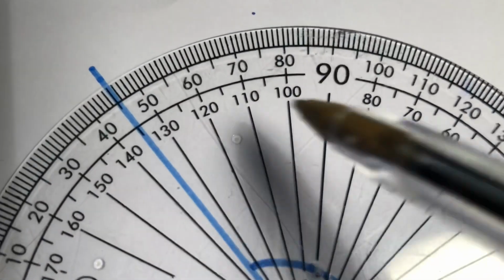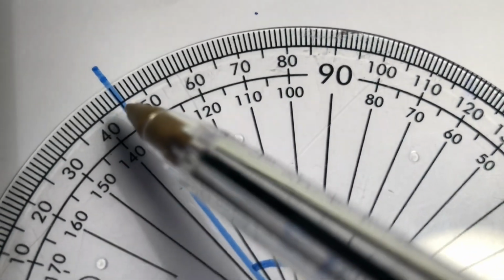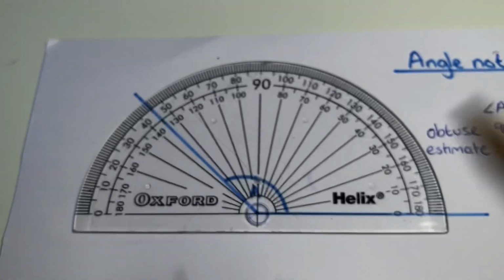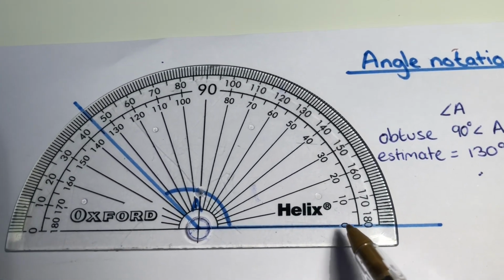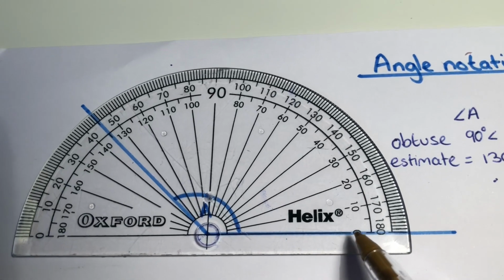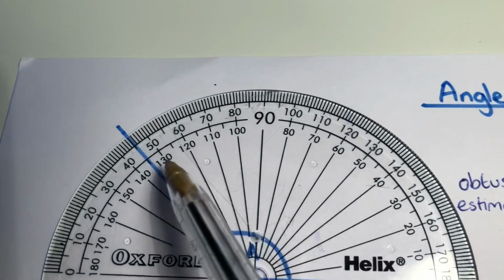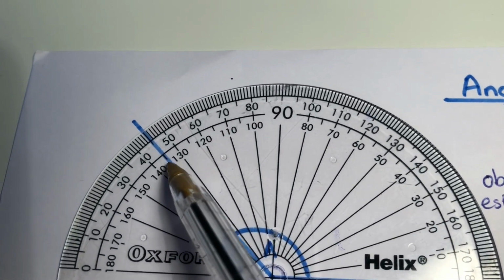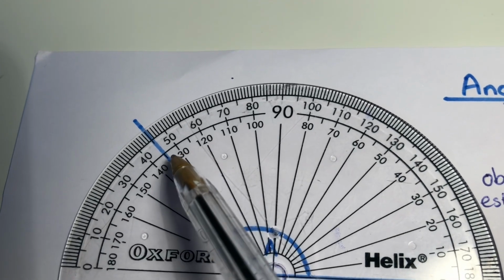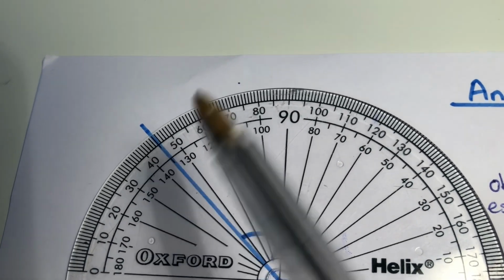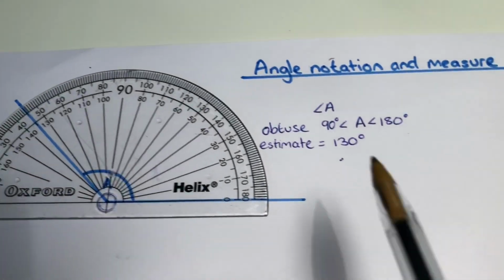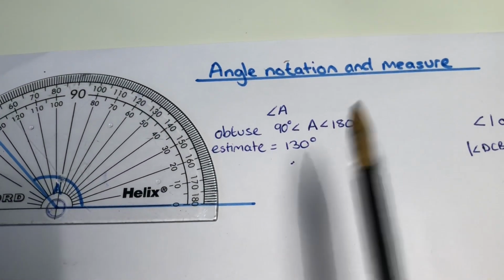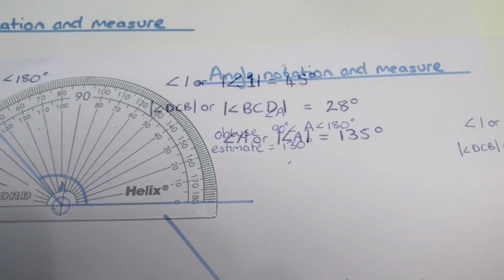Now, remember we're using the inside scale, so we're certainly not going to say 45 degrees. Remember, this is obtuse. We're using the inner scale because we're counting up from 0. And therefore, this dash here is halfway between 130 and 140. It's 135 degrees, which again is quite close to our estimate of 130 degrees.